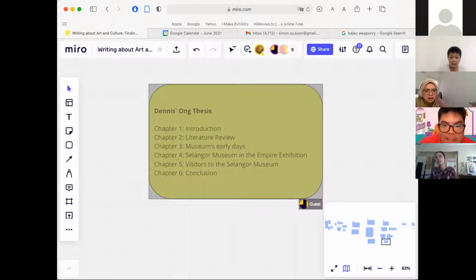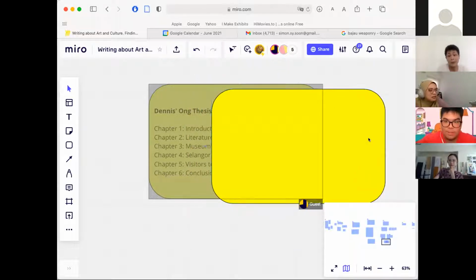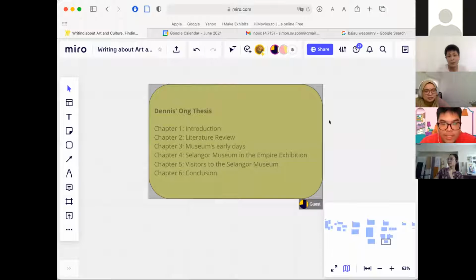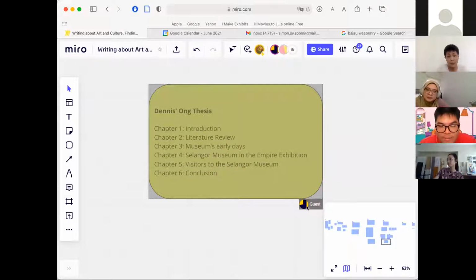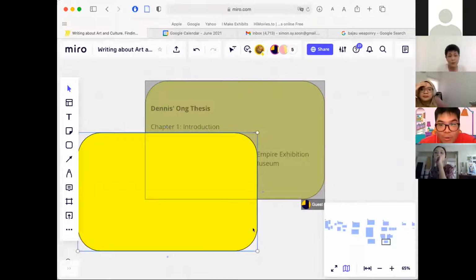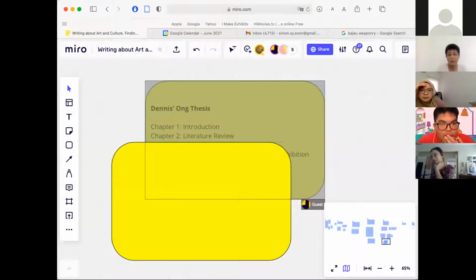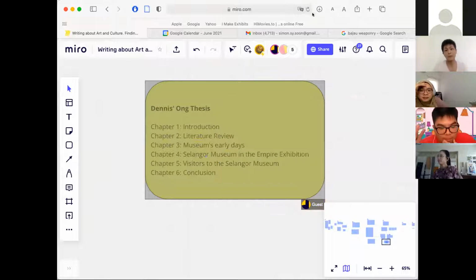What's your general topic? The general topic is that the writing of museum history is always very focused on the state, we give a lot of importance to how museums have a stately role, but then in doing that we sort of don't focus much on how the museums... Sorry, it shows that I don't really have a strong one.